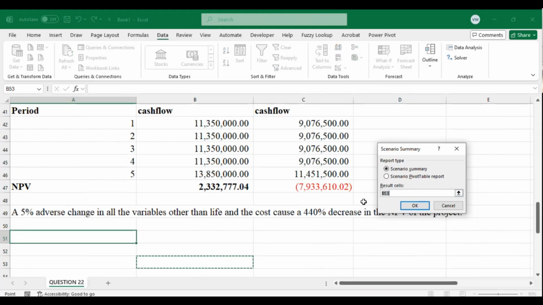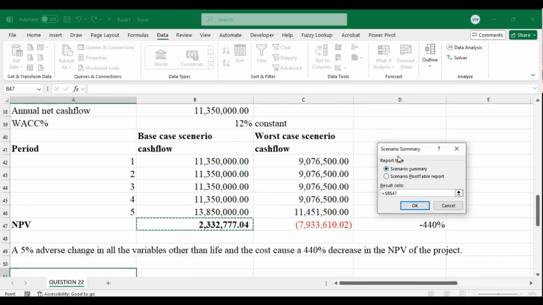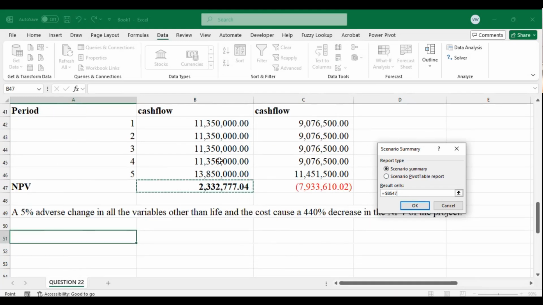In this case, the result cell is the cell where we computed our NPV. So we want the summary of the scenarios, but we want the result cell to be the NPV that we computed. Once I've set that, I'll develop the summary report.